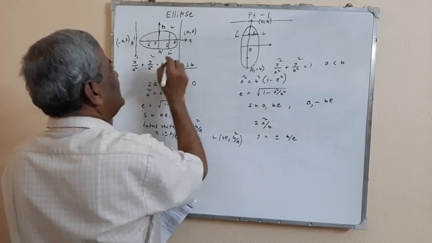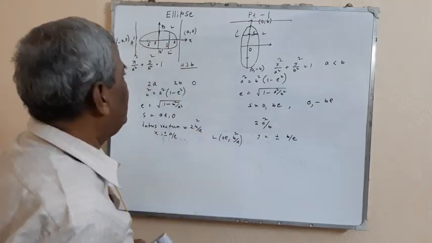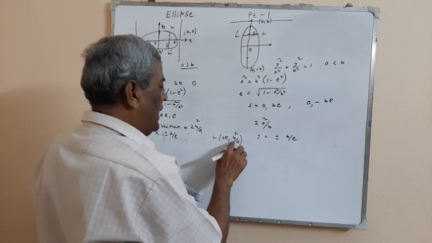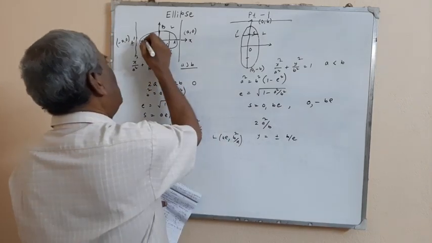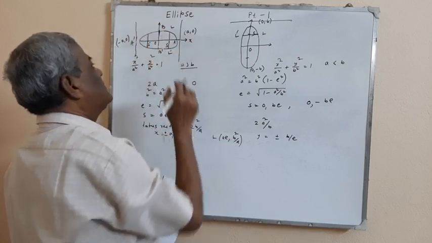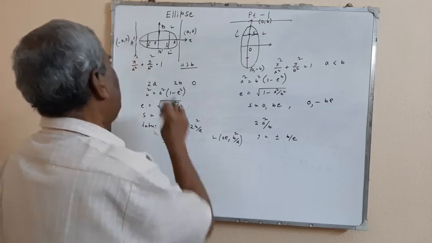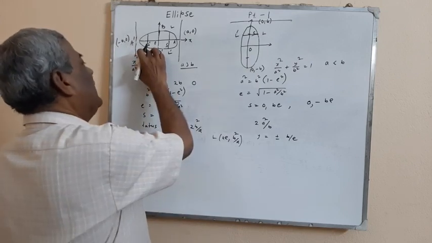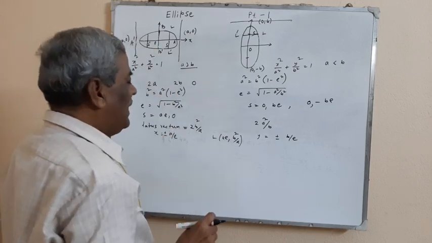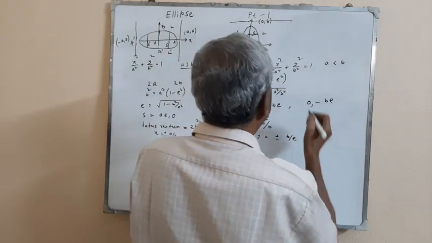For L dash, the lower endpoint, it is ae, minus b square by a. For that one, this point is minus ae, b square by a, and this end is minus ae, minus b square by a.